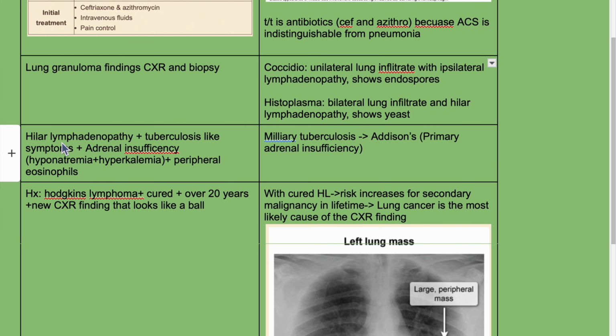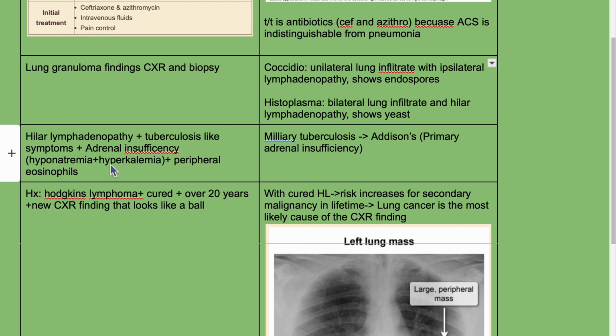Now, say you have hilar lymphadenopathy plus tuberculosis-like symptoms plus adrenal insufficiency. So that is hyponatremia and hyperkalemia, so that is aldosterone deficiency, right? Because aldosterone reabsorbs sodium and excretes potassium.